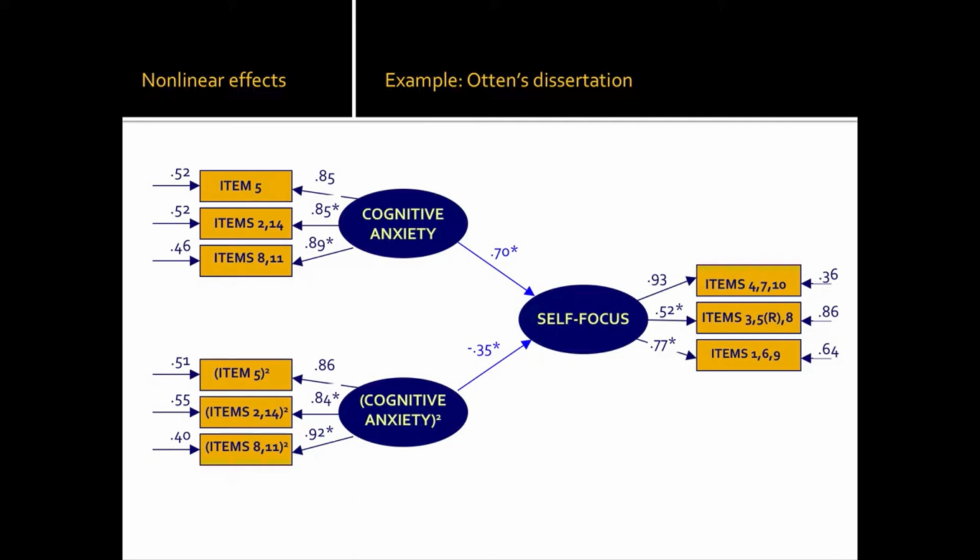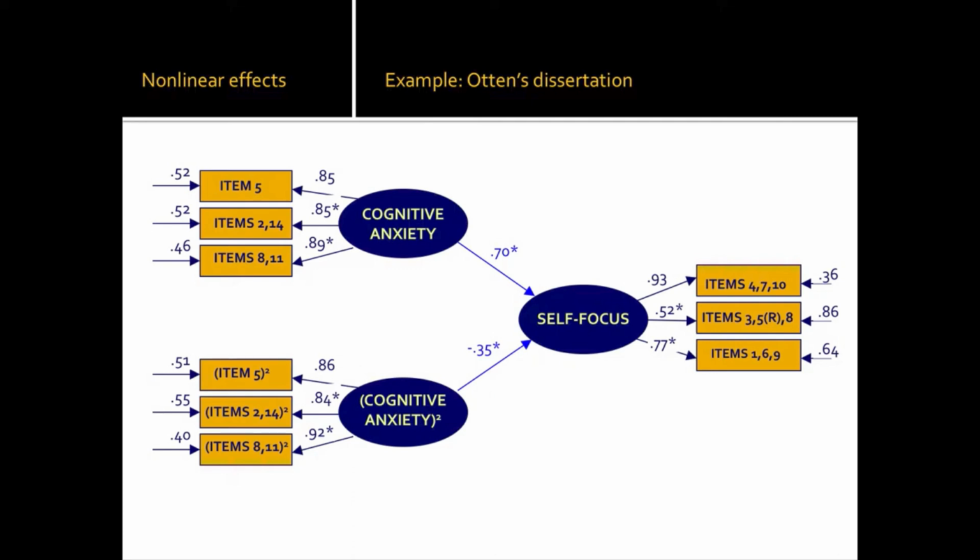Then you have that linear relationship between cognitive anxiety and self-focus. I think I said performance originally, but it was actually self-focus, which was the mediator of the anxiety performance relationship, or so it was hypothesized. We had a linear relationship there between cognitive anxiety and self-focus that stayed in there, 0.70. Then we added in the nonlinear cognitive anxiety, composed of the squared measured variables, centered and squared.